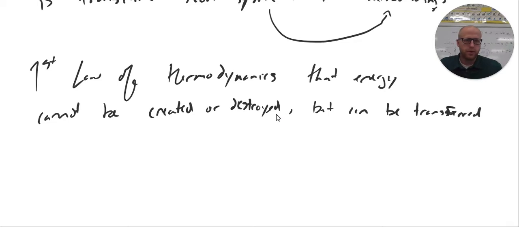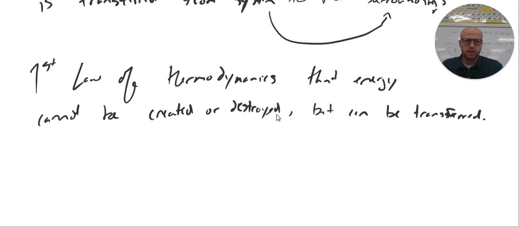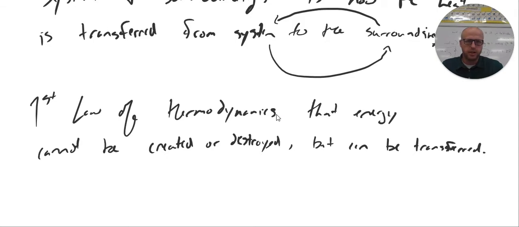Or conserved. Energy is conserved. So whatever energy leaves the system goes to the surroundings, and whatever energy leaves the surroundings goes back into the system. Energy is conserved and transferred between these two.